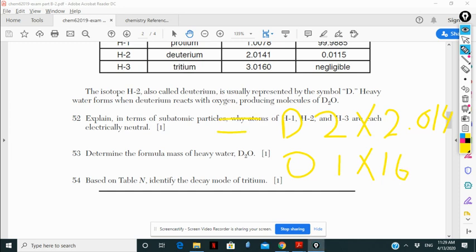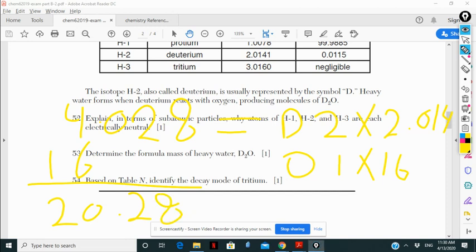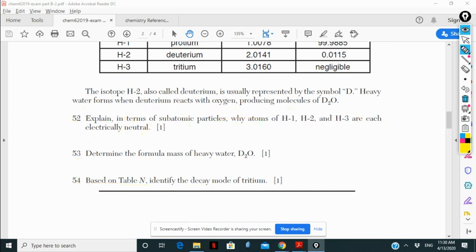So here's the result, 4.028, and that's 16. When I add all of them, that's 20.028.